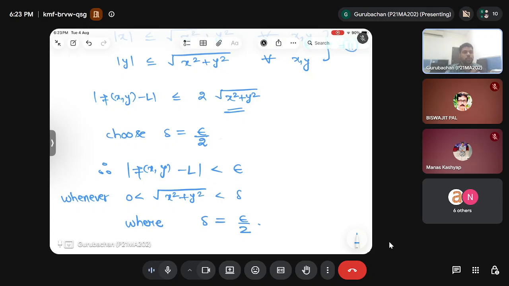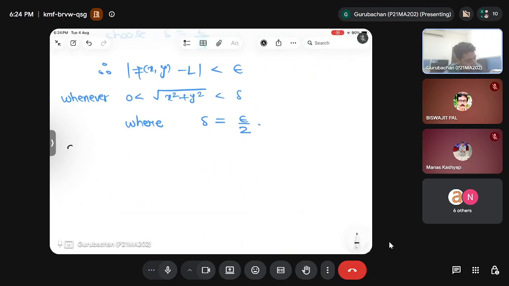If we are able to show like this, then we can guarantee that the limit exists. But what will be the case if we want to show that the limit does not exist? As I told you, there must be two different paths on which we can guarantee that the limit does not exist. So let us do that example also.